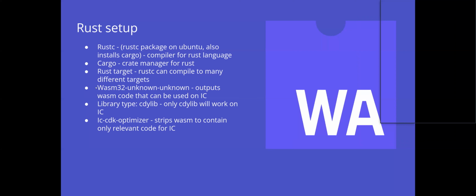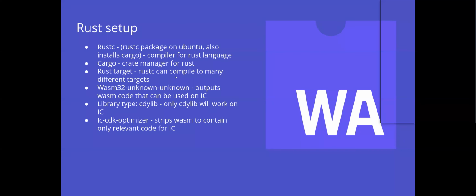So the target we're interested in is wasm32-unknown-unknown, which will create code that can be run on the IC. The library type must be cdylib, and only this library type will work on the IC.